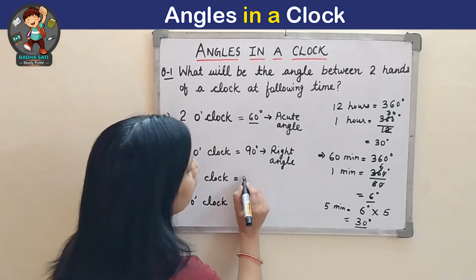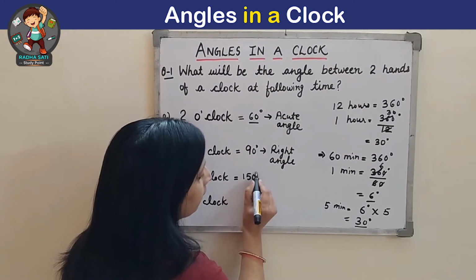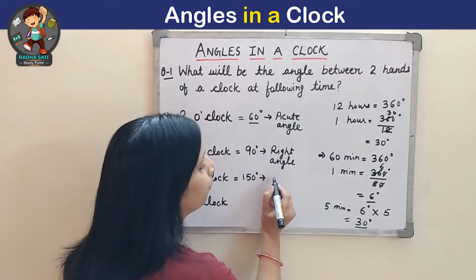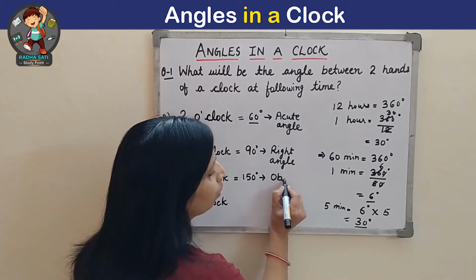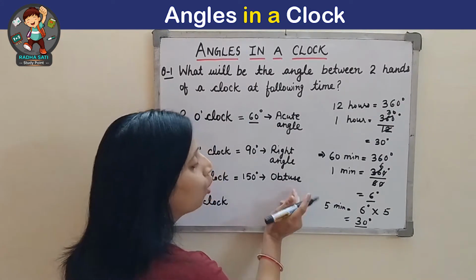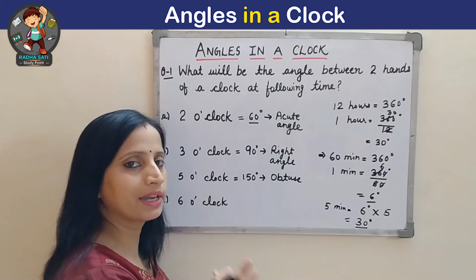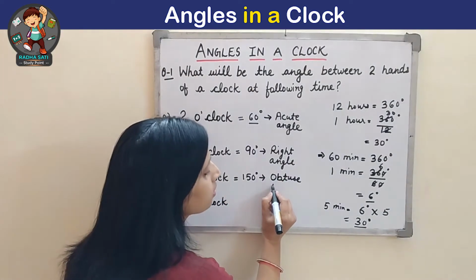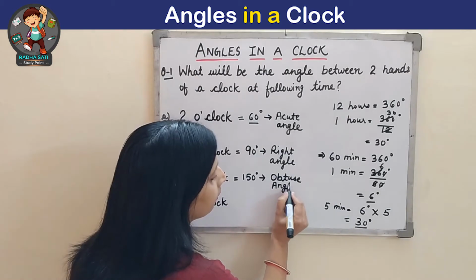So it will be 150 degrees. 150 comes under the category of obtuse angle. All those angles which are more than 90 degrees but less than 180 degrees are considered obtuse angles.